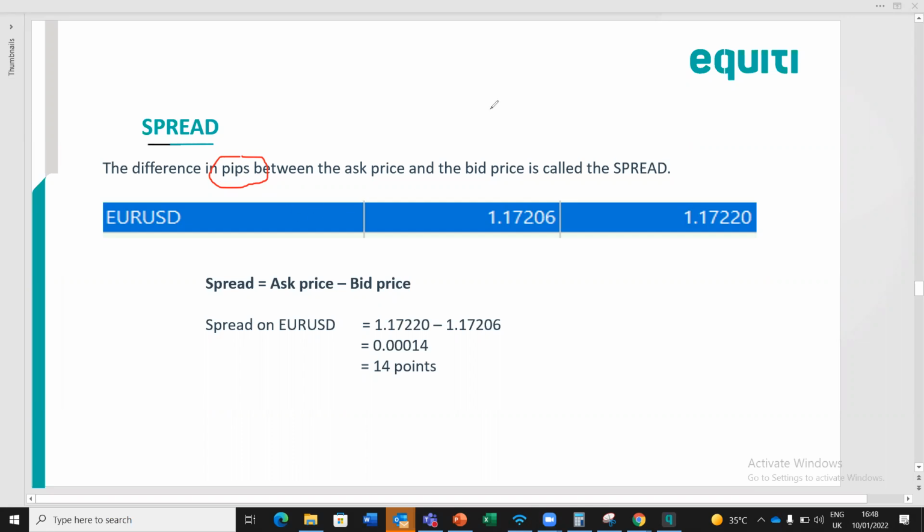All right. So we go back to use one of such examples that were there. This is Euro USD. This is, remember, the bid price. And remember, this is the ask price, right?